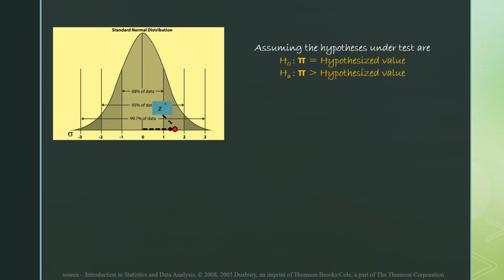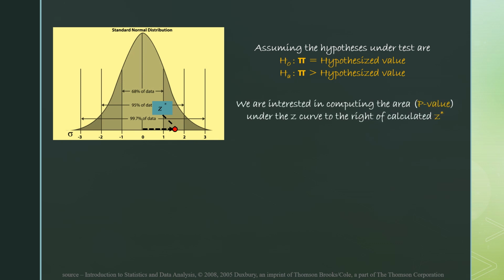Assuming the hypotheses under test are H0, that is π equals the hypothesized value, and HA, that is π is greater than the hypothesized value, we are interested in computing the area, that is the p-value, under the z-curve to the right of the calculated z star. P-value equals 1 minus the probability of z taking a value less than z star.